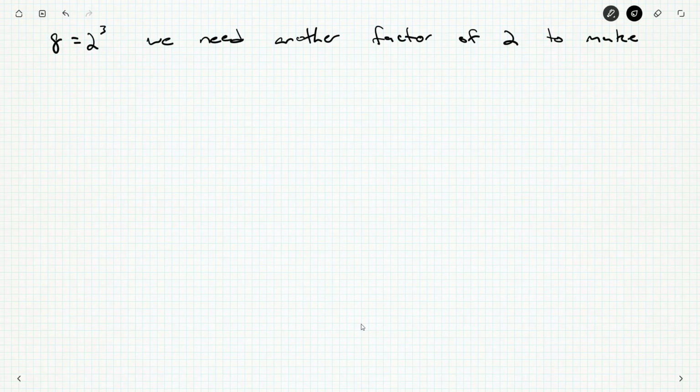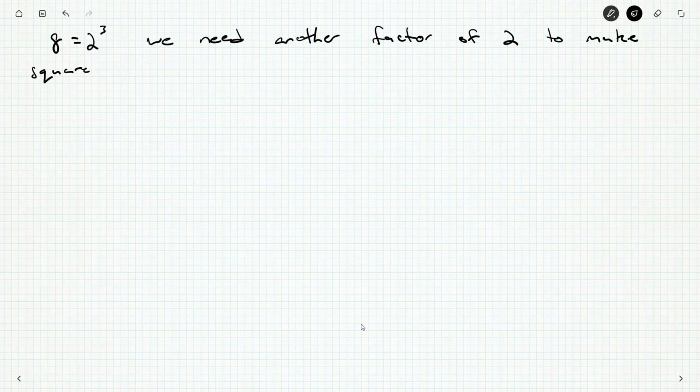So 8 is 2 cubed. We need another factor of 2 to make a square.